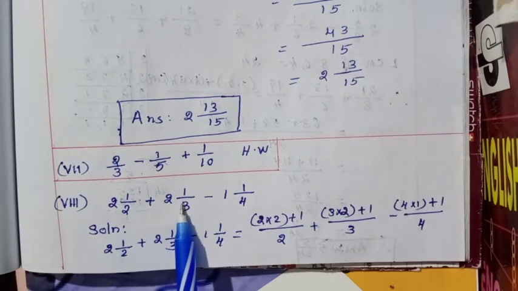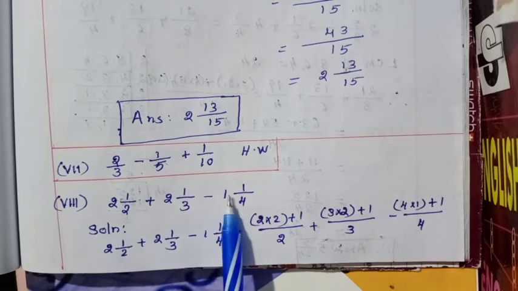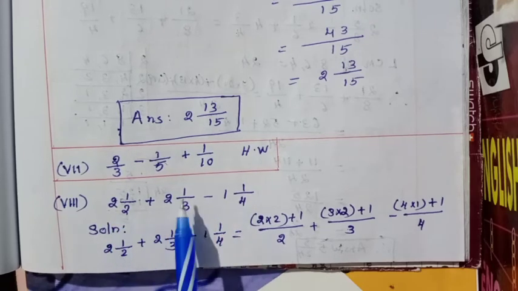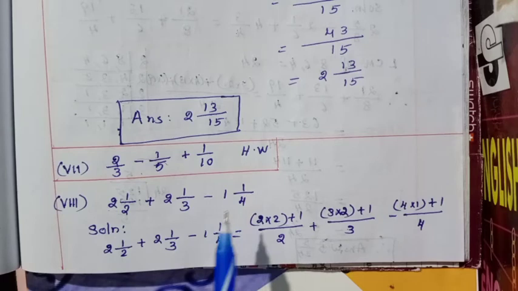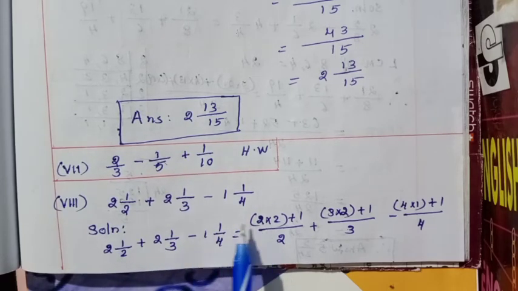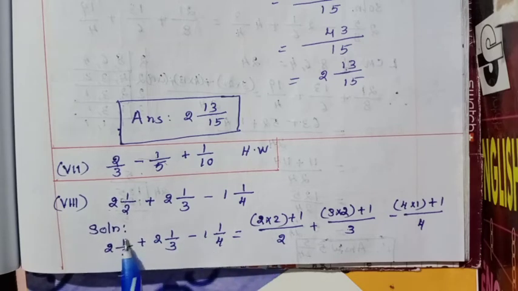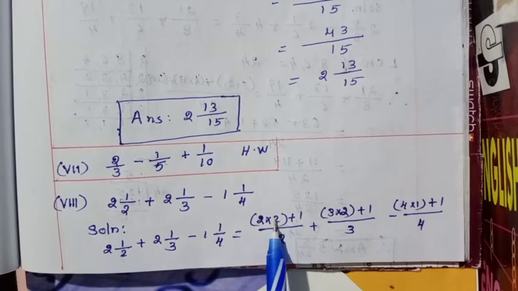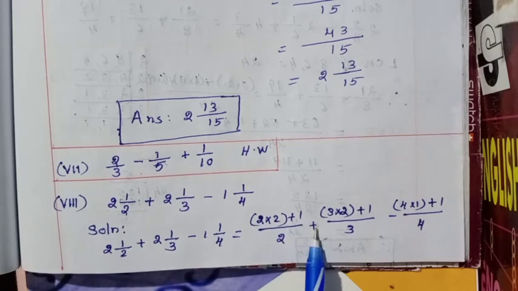2 1 by 2 plus 2 1 by 3 minus 1 1 by 4. All three fractions are mixed fractions, so first convert them into improper fractions. The first one, the mixed fraction 2 1 by 2: 2 into 2, 4, plus 1, that is 2 into 2 plus 1, all by the same denominator 2, plus.